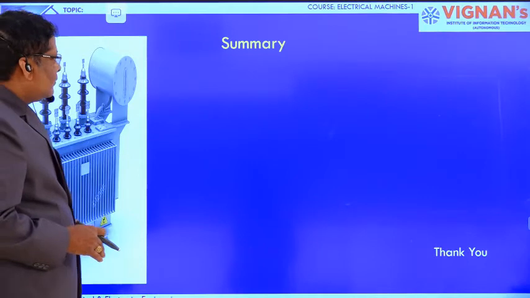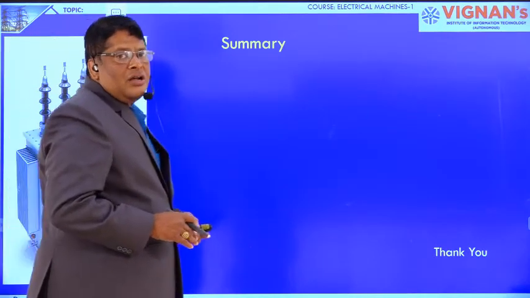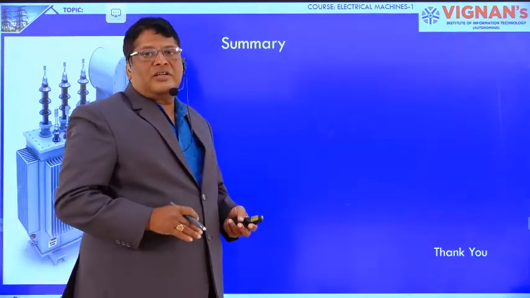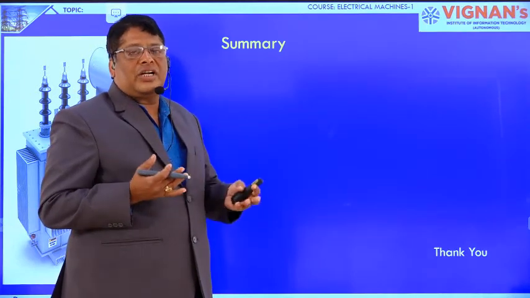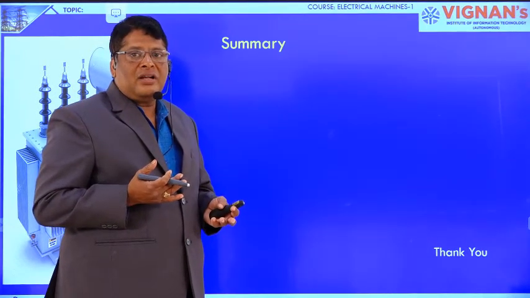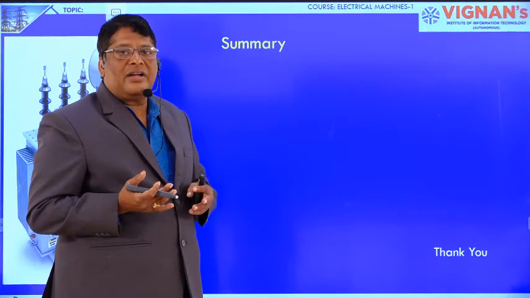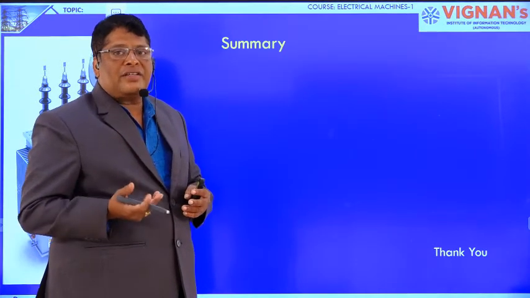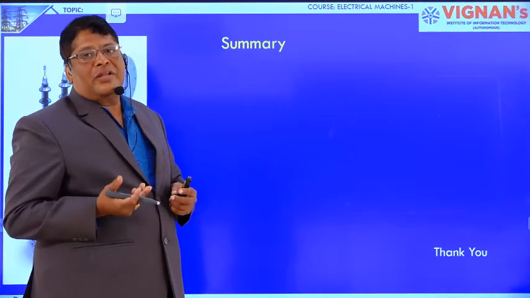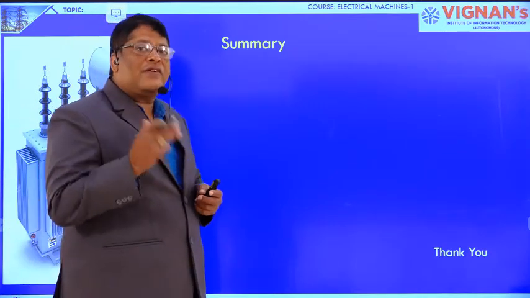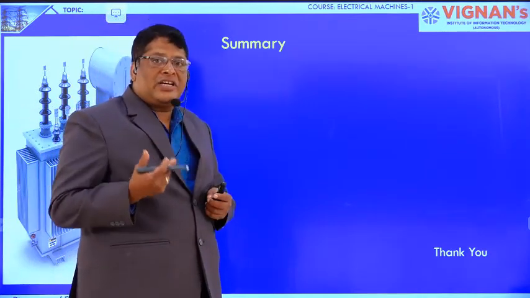Summary. So up to here we have discussed the phasor diagrams of the transformer at unity power factor, as well as lagging and leading power factor. From the phasor diagram, we developed the modeling equations for the primary winding as well as the secondary winding.